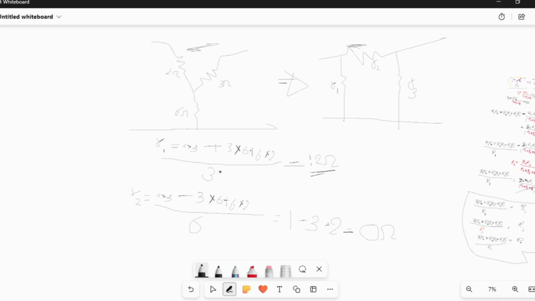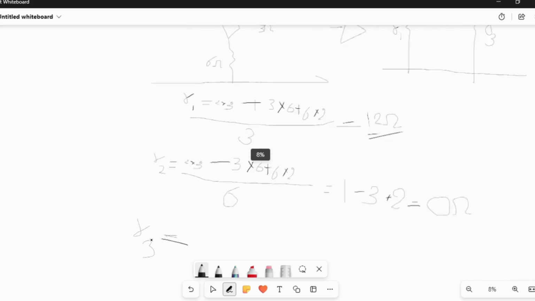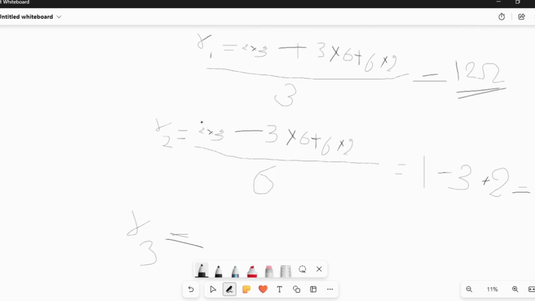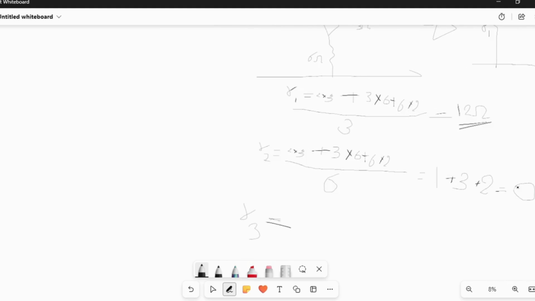Okay, then R3 will be, what? The same product sum. Oh, I have put a minus value. So 6 plus 6, 12, 6 and 6 is 18. This is 6 ohm. Please forgive me, sometimes I miss some bits, so don't worry about it.